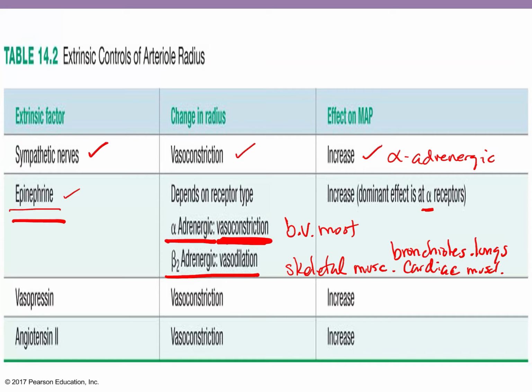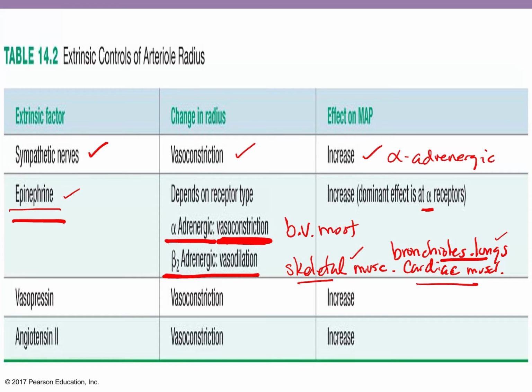However, for the most part, your blood pressure is going to go up with vasoconstriction. But in certain areas of your body, skeletal muscle, cardiac muscle, and your bronchioles and lungs, you actually want dilation. You want more blood to go there. So this is why they have a different kind of receptor to epinephrine. And when epinephrine binds there, it does the opposite job.